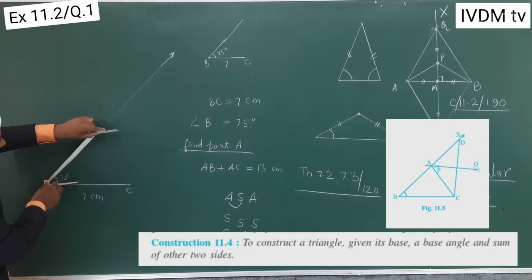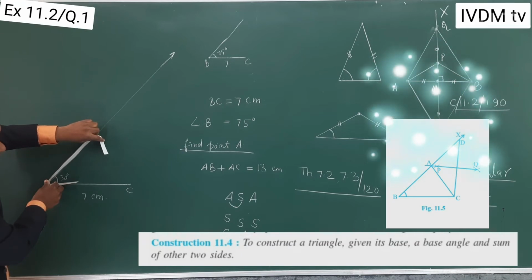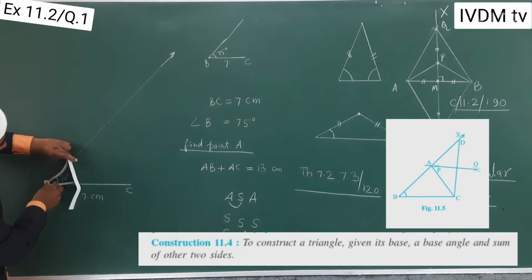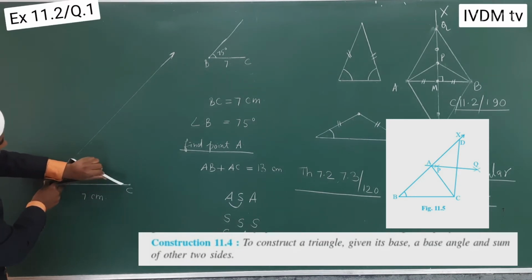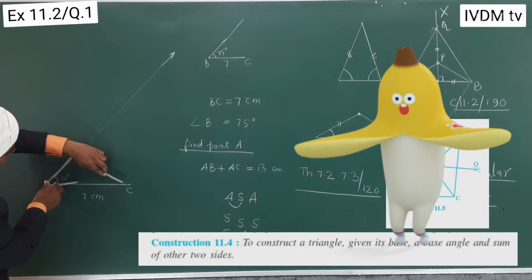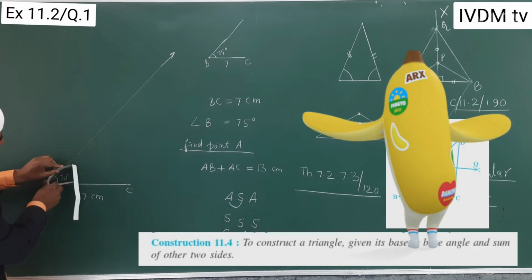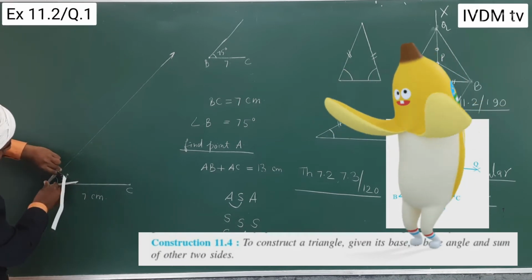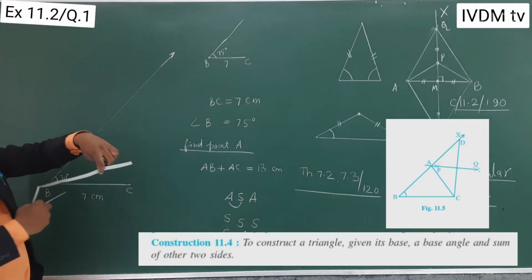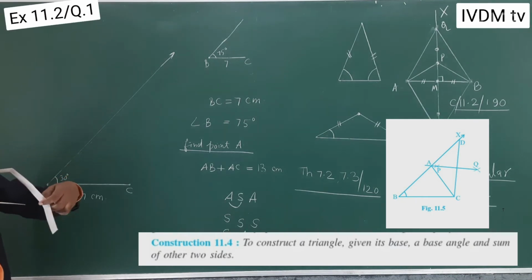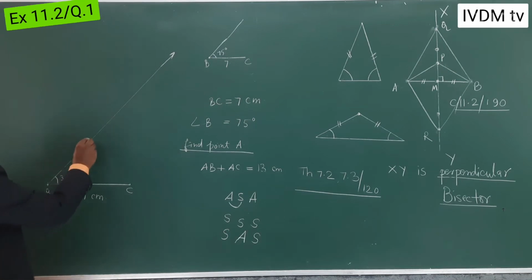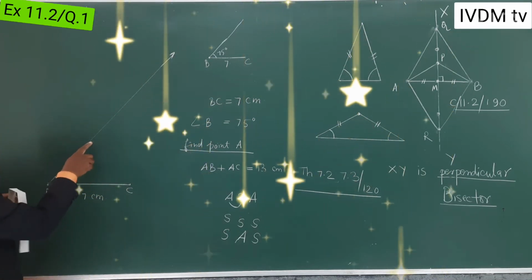If I touch from here, it will not cut C. If I take here, this may touch, but it is again less. If I fold from here, it may be more than C. So where is the point such that when I fold it, it will cut?